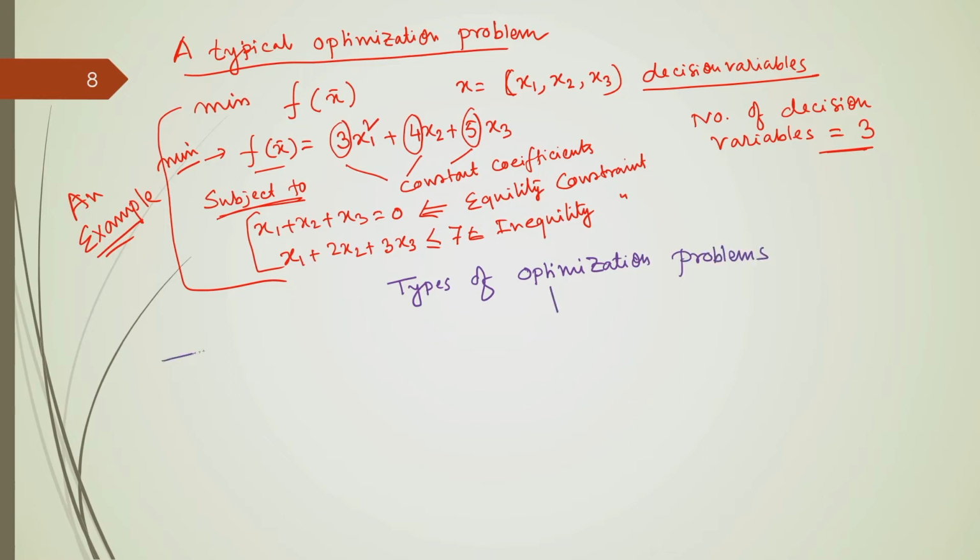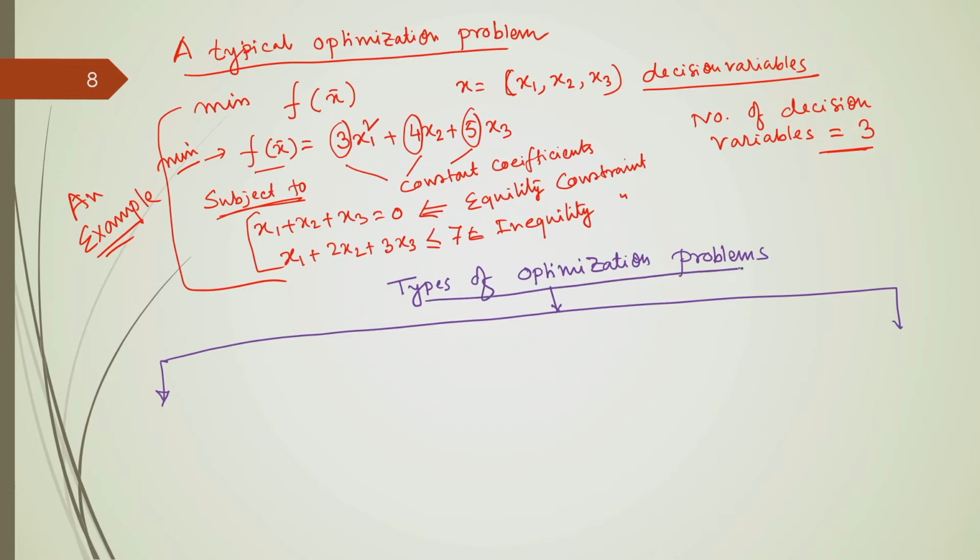Okay. So, this is not an exhaustive list, but whatever I have found particularly in the literature of distribution system planning, I will mention over here. Okay. So, we have different types of optimization problems.